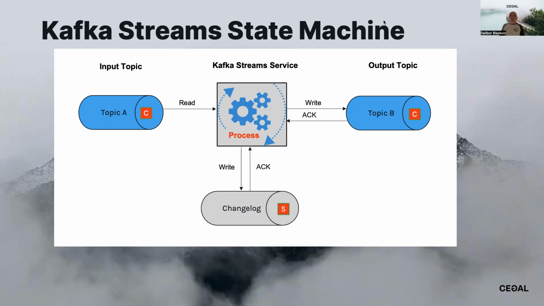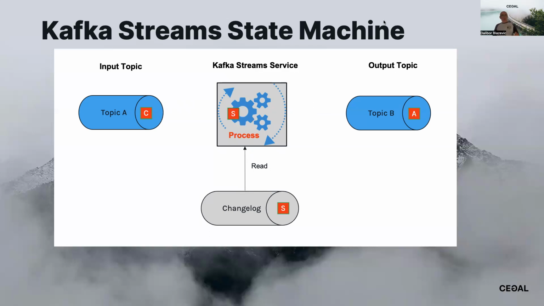So what happens now if the Kafka Streams service dies, and an error is sent to the broker from which the service read the message? Well, upon restart, the first thing that the Kafka Streams service does is reread this state from the changelog.